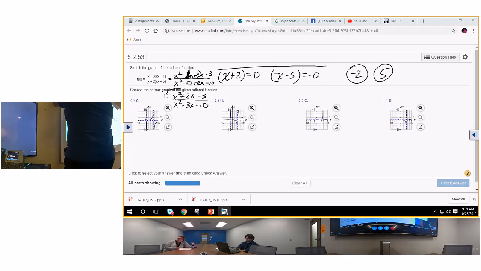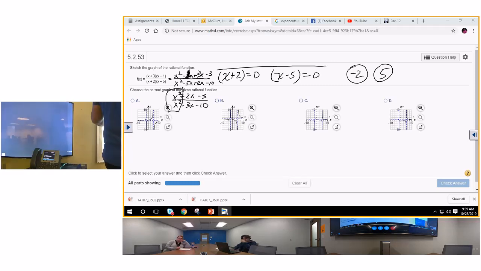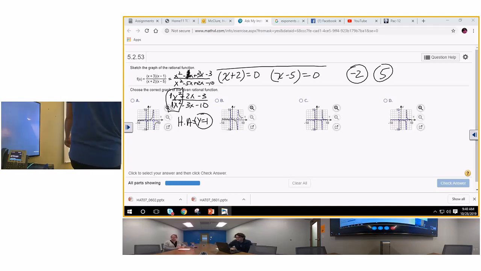Well, here, when you take x squared divided by x squared, you take the coefficient of the 2. So we're going to have a horizontal asymptote of y is equal to 1. Because what's x squared over x squared? It's 1, but you've got to use the coefficient. What's 1 over 1? 1. So which one has a horizontal asymptote of 1?